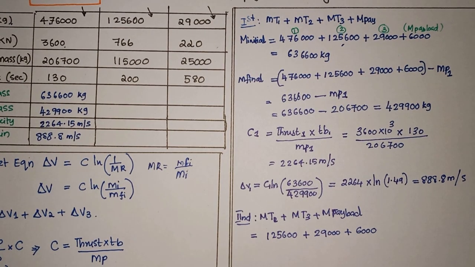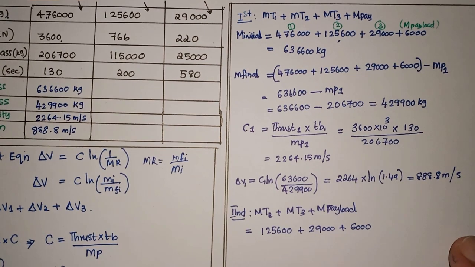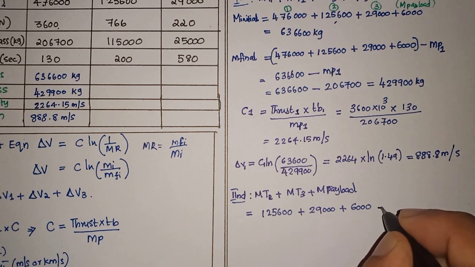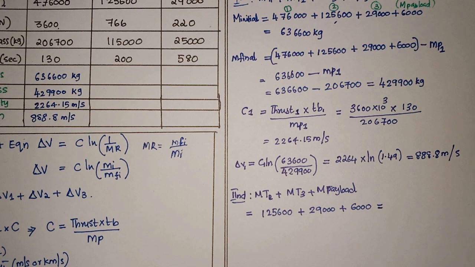Because of that only we are getting a delta V1 value, is it not? So this is going to be the delta V1 for the first stage. Similarly, we are going to get the delta V2 for the second stage as well. Now this will come around some value, around 160,600 kilograms. So you can just work out and see.